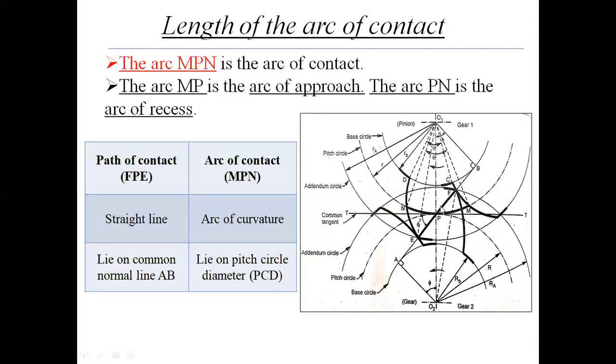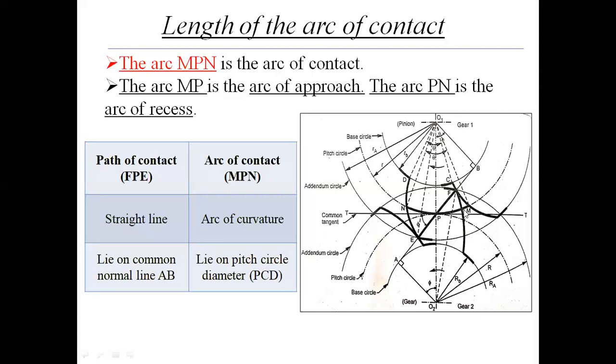The basic difference between path of contact and arc of contact is that the path of contact is a straight line. FPE is a straight line, and we get this line on the common normal line AB.